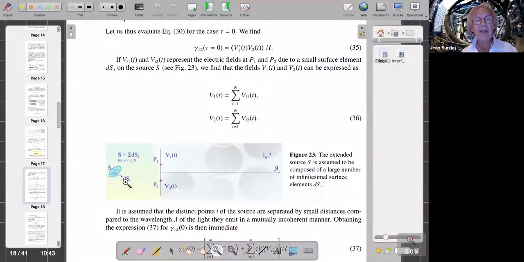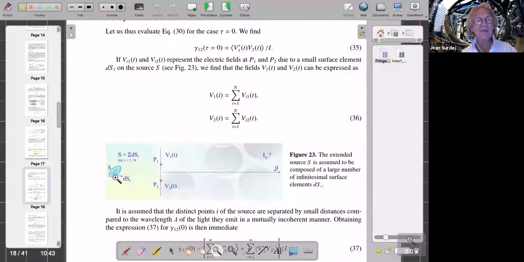And what we find is that the electromagnetic field at any of these pinholes is equal to the contribution of all the electromagnetic fields due to small projected surface elements on the sky. Of course the distance is very far away from the screen.